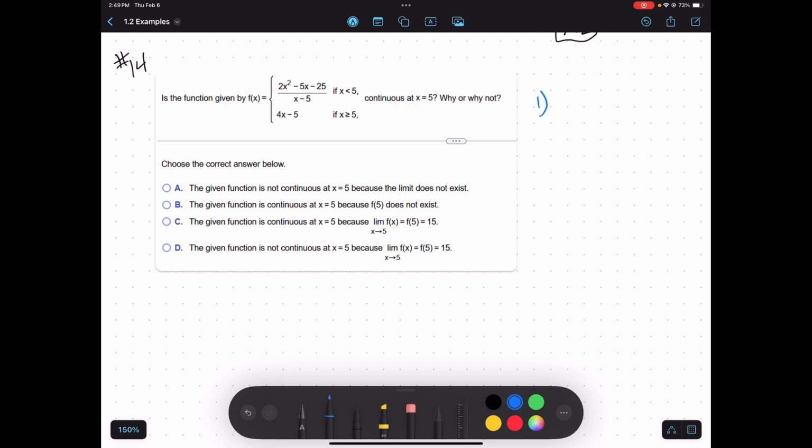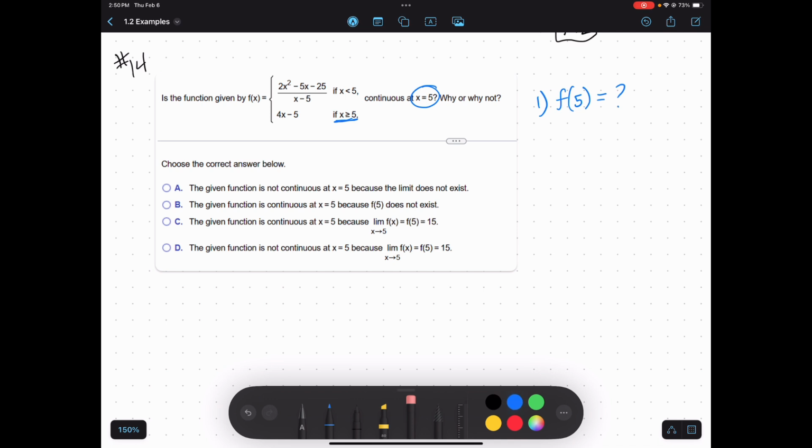First of all, the function value has to exist. So in our case, we're looking at x equals 5. So does f(5) exist? Well, notice if I look at my qualifiers for this piecewise function, this bottom one is for if x is greater than or equal to 5. So if x is equal to 5, do I have a rule to plug it into?